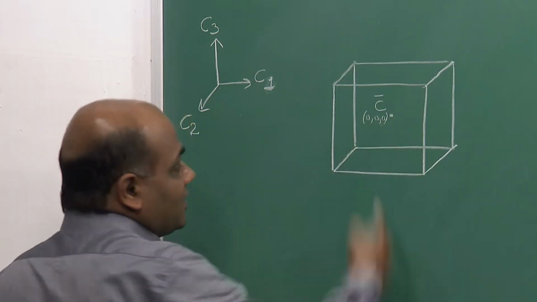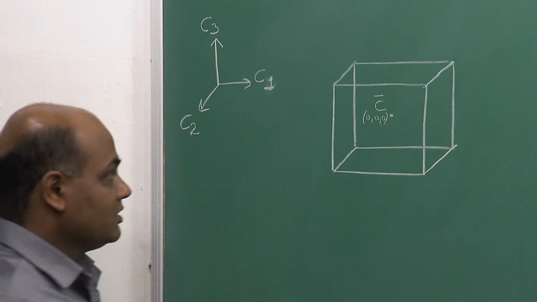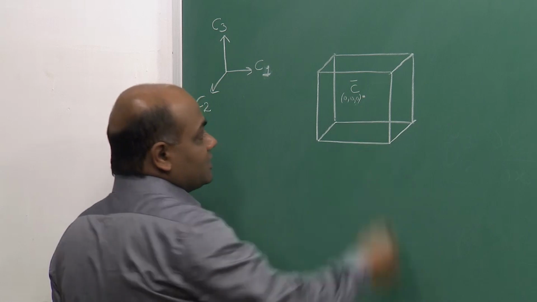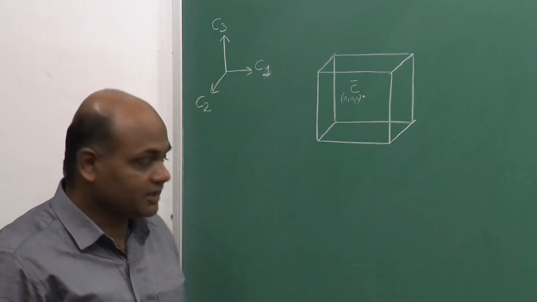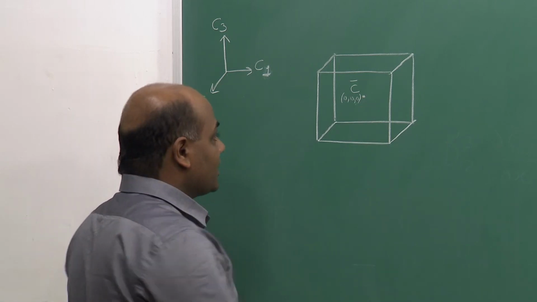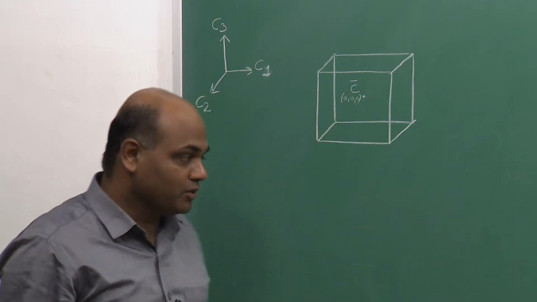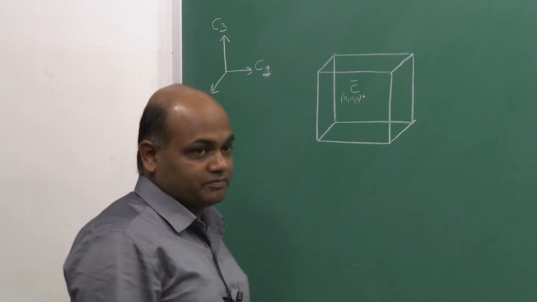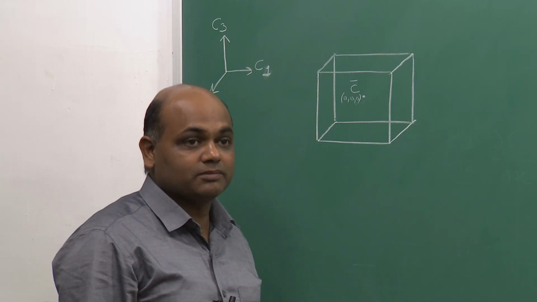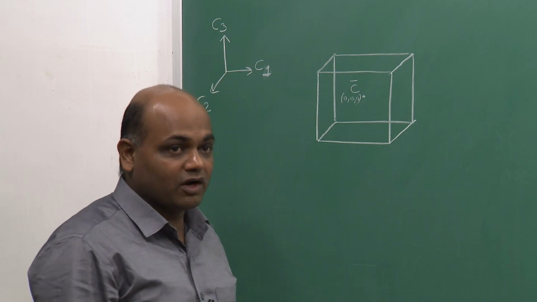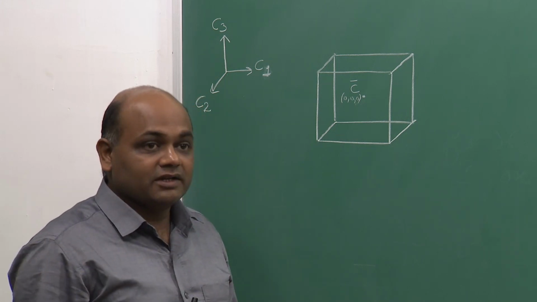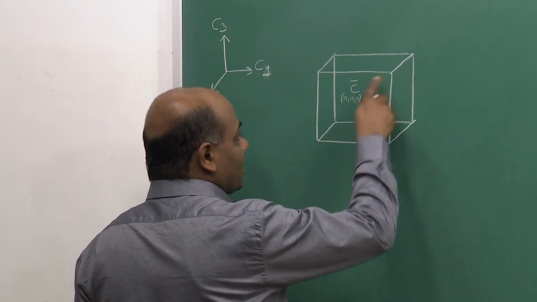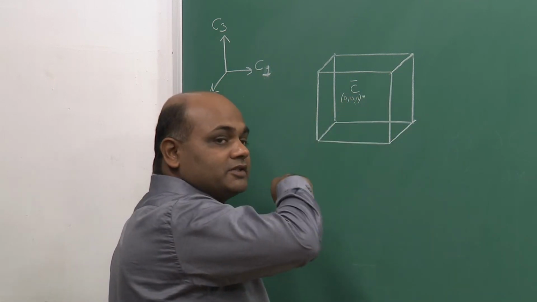Now, if I imagine the origin 0 0 0 to be at this C bar, that is at the body center, then I can mark the 8 corners of the cube in terms of delta C0, or more specifically in terms of delta C0 by 2, because delta C0 is the composition vector, and I have to select the terminal alloys from the ends of the body diagonals.